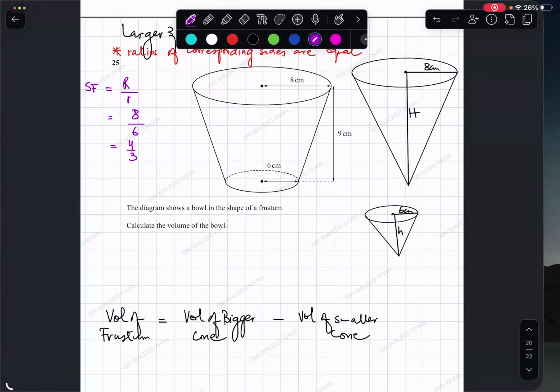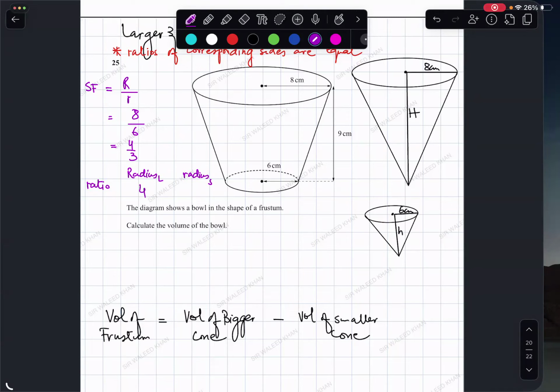So the bigger, they have a ratio, right? The radius of the bigger cone is 4, and the ratio for the smaller cone is 3. So the ratio of bigger radius, okay, I'm putting in a large and S over here.